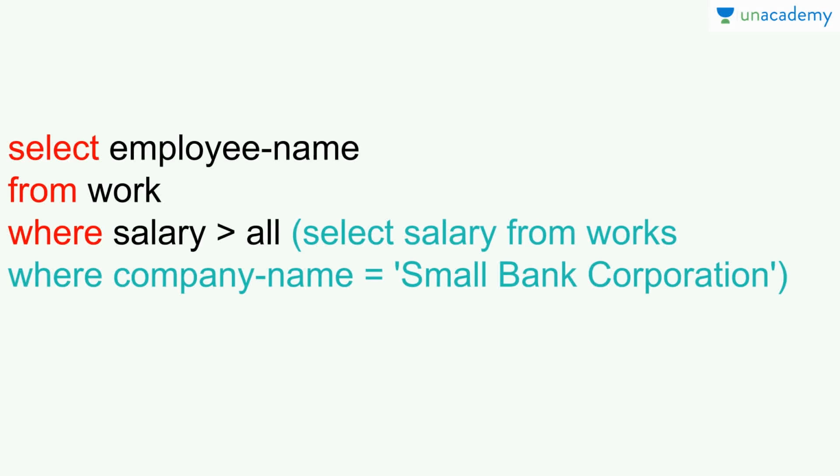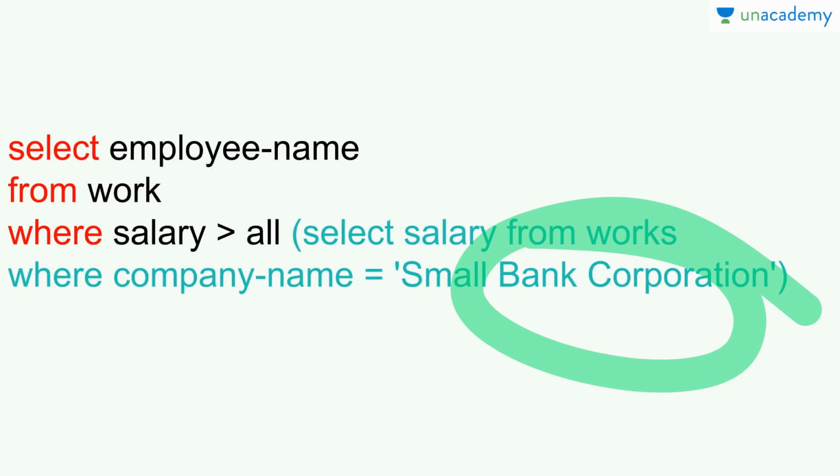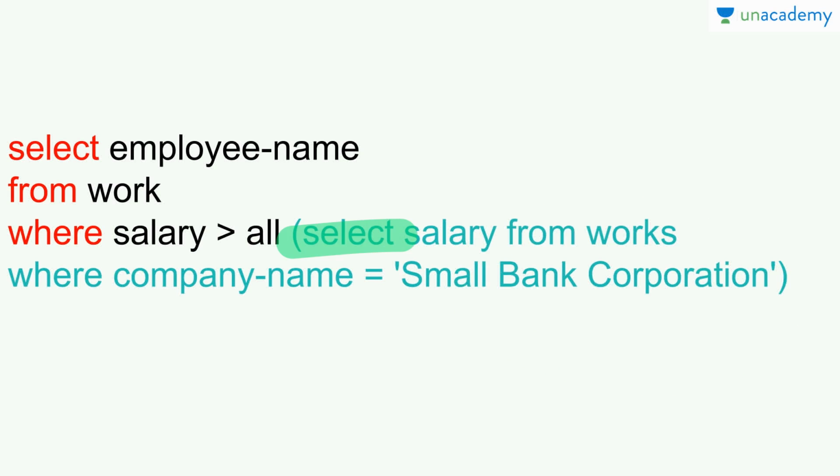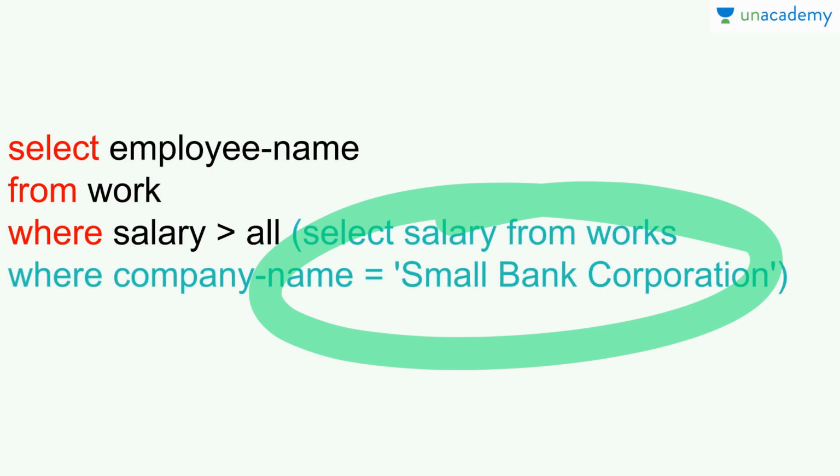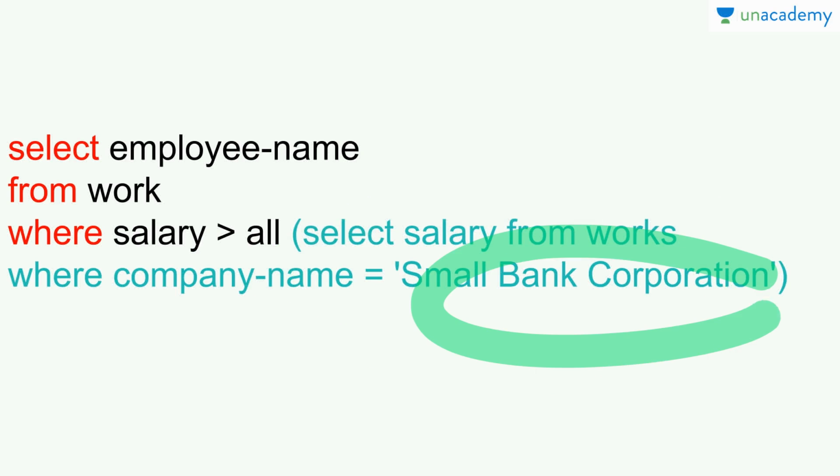So the query will be, first let's just find the salary of this bank's employees. So we write a subquery, select salary from works where company name is equal to this. This subquery will give all the salaries of those employees who work in this company.